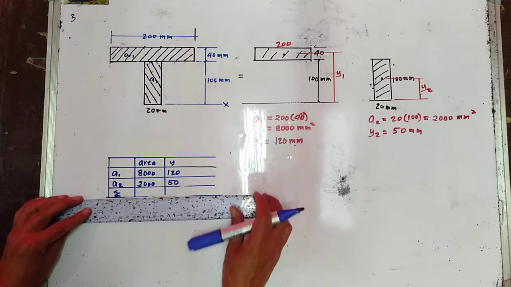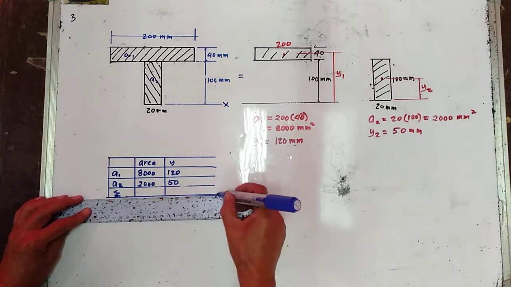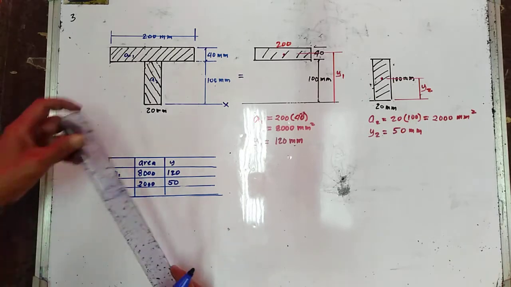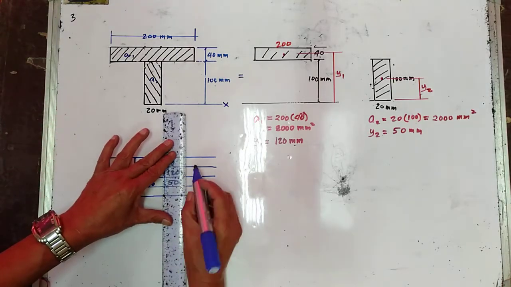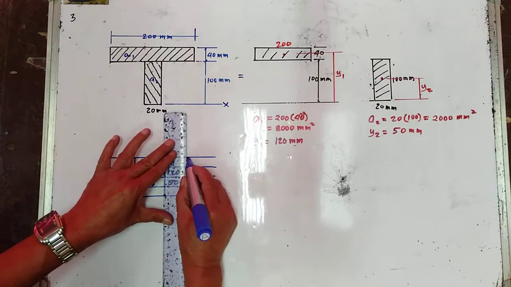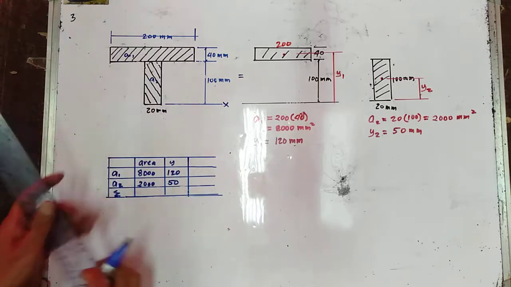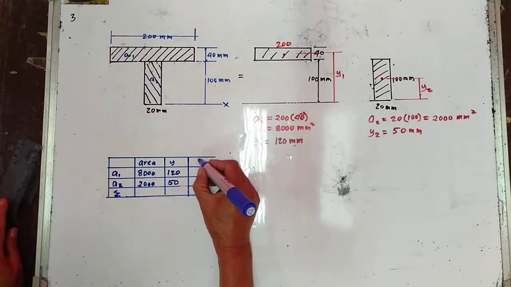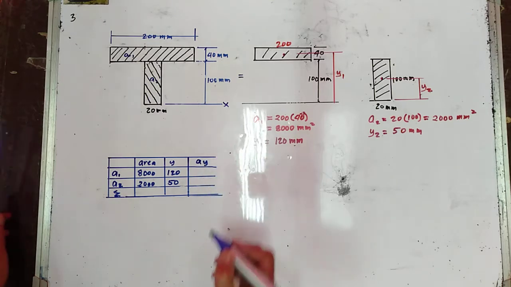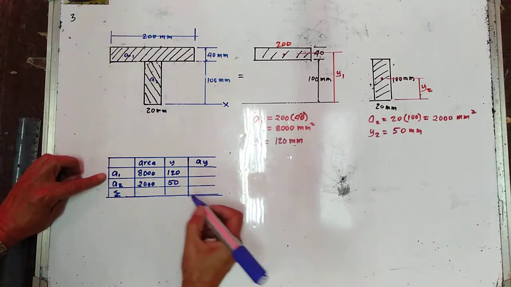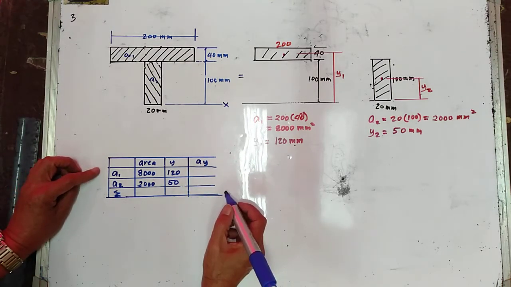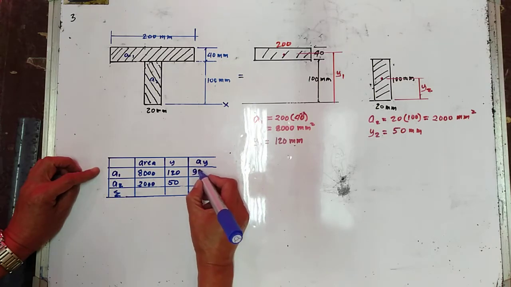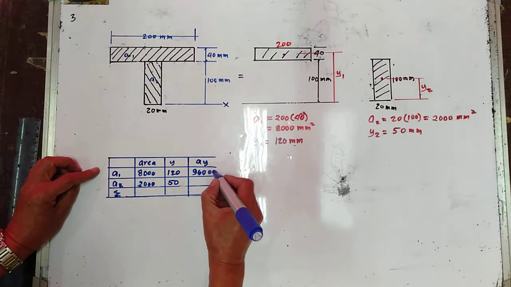So let us get now your AY. So 8,000 by 120 is equal to 960,000.